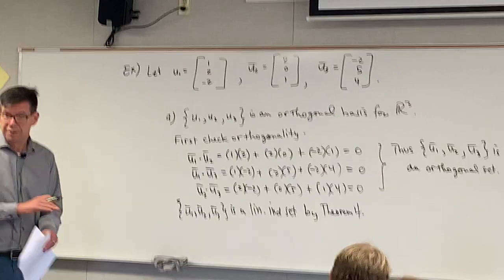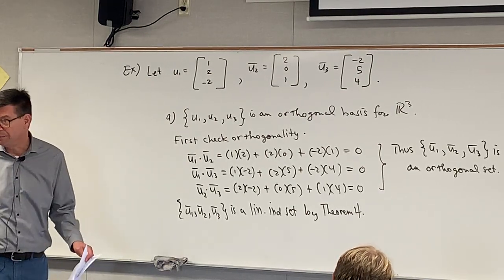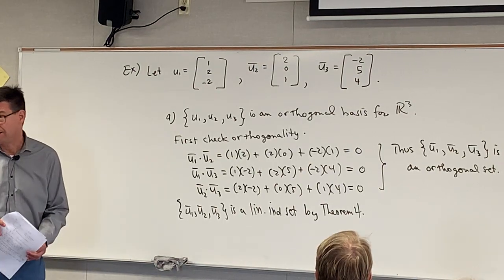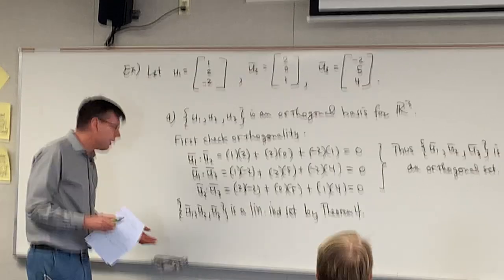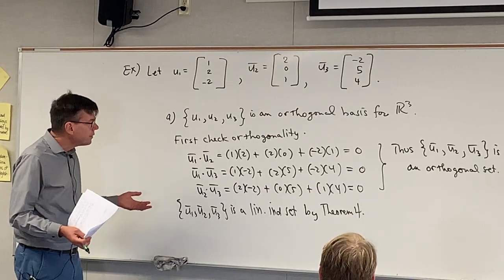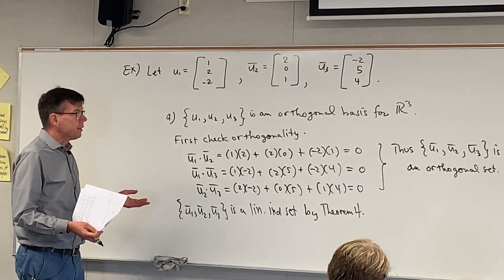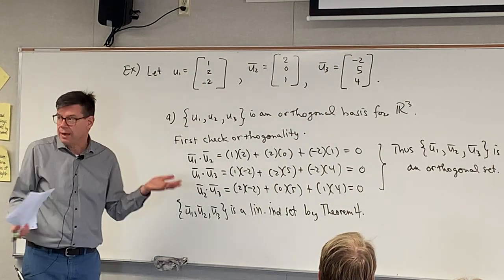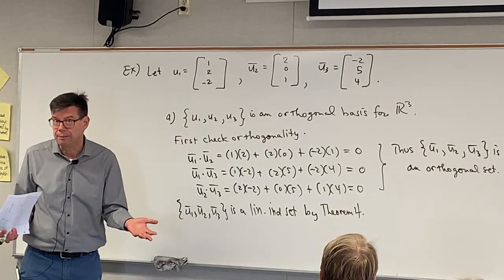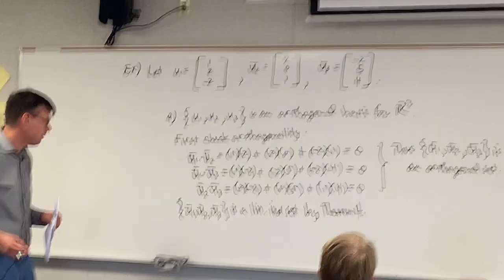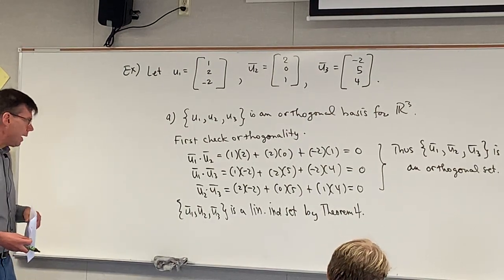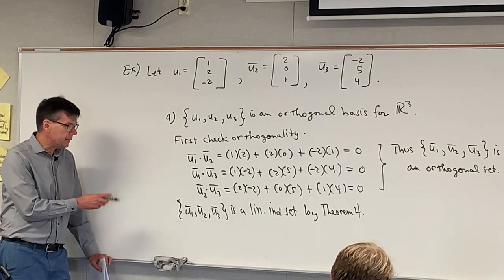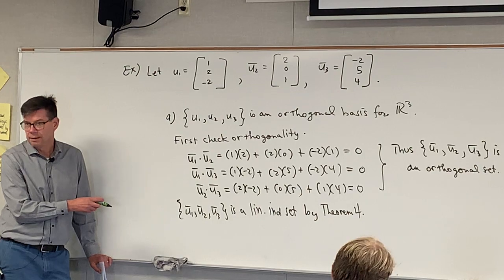So we don't have to show linear independence. That follows from that theorem. That's the power of this orthogonality. It takes care of that. You've got to say non-zero because you could have an orthogonal set with the 0 vector in it. I don't know why anybody would want to do that, but there's no way a set with the 0 vector could be linearly independent. So we've got to rule out that possibility of 0. And so theorem 4 implies that this has to be a linearly independent set.